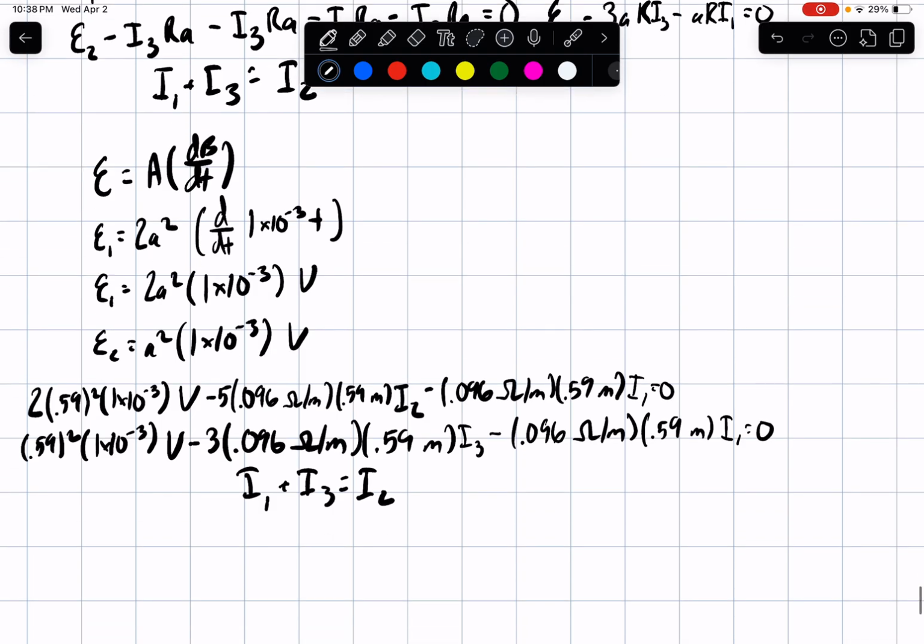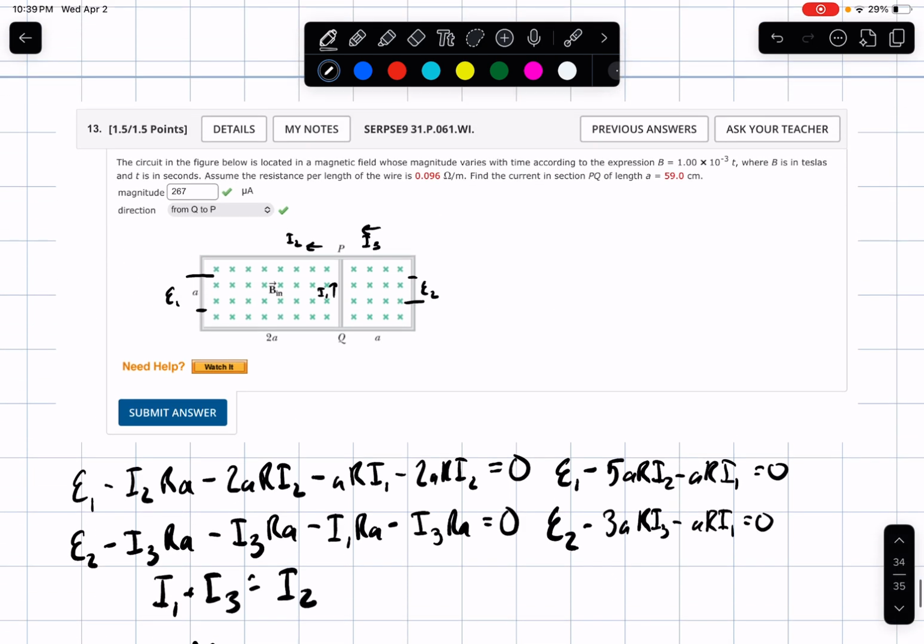All right, so now finally you solve for the currents, and what you want here is it's asked for PQ, and your PQ is here, and we label that I1.